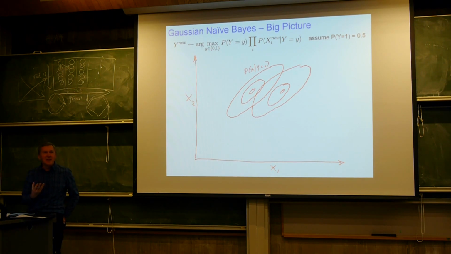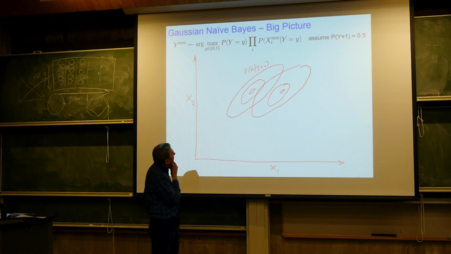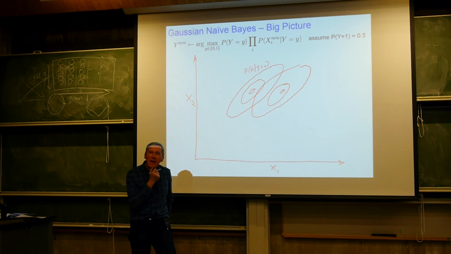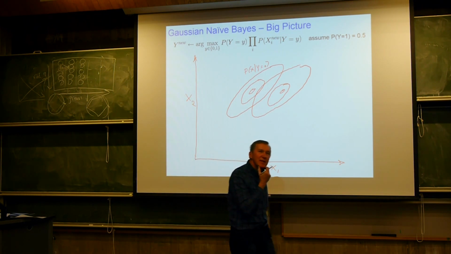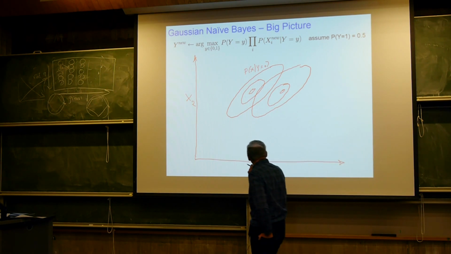This is an artist's conception of a Gaussian distribution. Okay, so let's think about how Gaussian naive Bayes would do on this and how logistic regression would do on this.